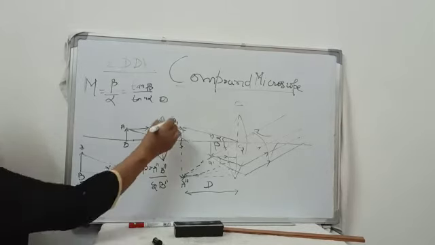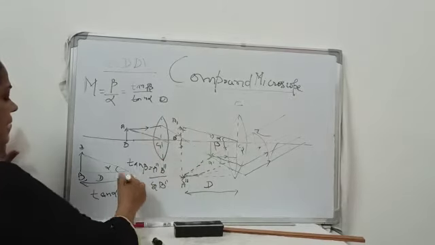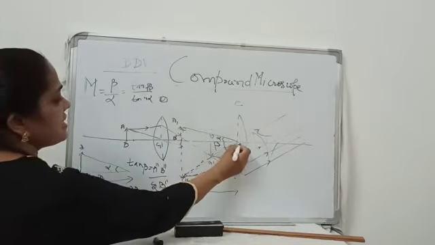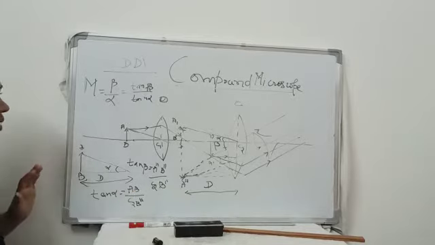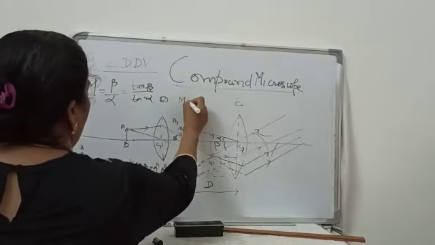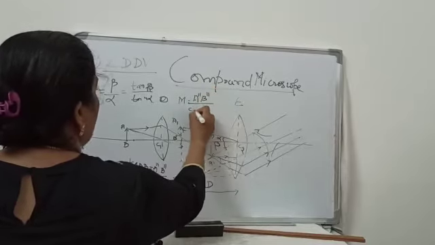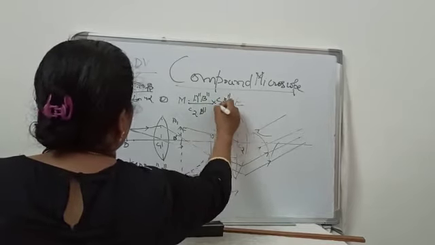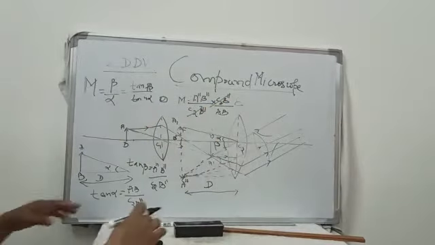Looking at the figure, it is A1 B double dash, and A1 B double dash is nothing but AB, by again this distance, that is C2 B double dash, which is nothing but capital D. So, when you calculate it, we get M is equal to A double dash B double dash by C2 B double dash into C2 B double dash by AB. So you get an equation like this.